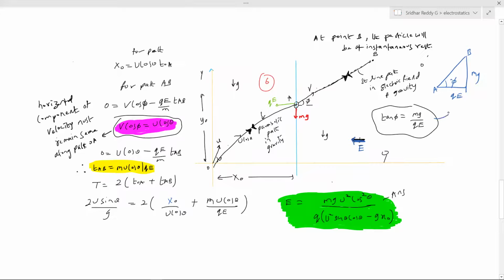This is one very basic equation. Then only will the resultant force be along AB. For the resultant force to be along AB, what is the required condition? So here it is like this. Okay, these arrows, I'll remove them, you'll find it difficult.